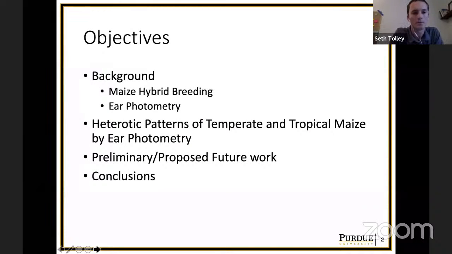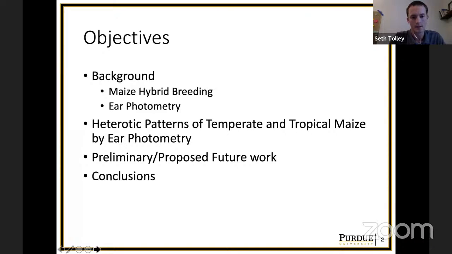So with that, we'll get underway. Just to give a brief outline for where we're going in the next hour, I'd like to give a little bit of background on maize hybrid breeding and especially look at the heterotic group formation for the US and CIMMYT breeding programs. We'll transition into looking a little bit more into ear photometry and give a little background on the platform that we use and also other platforms that have been proposed.